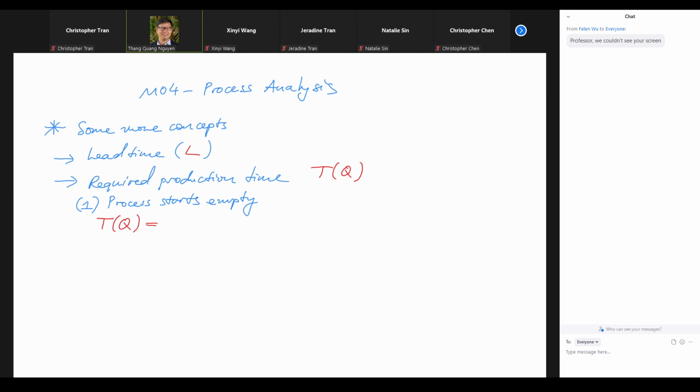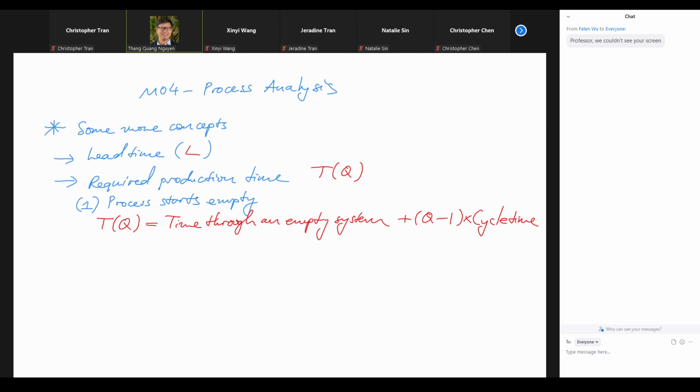T of Q equals time through an empty system. It's a long phrase. I will explain what it is. I believe you already read it in Connect, right? If you're not clear, then this is a good chance for us to review it. So time through an empty system plus Q minus 1 times the cycle time.